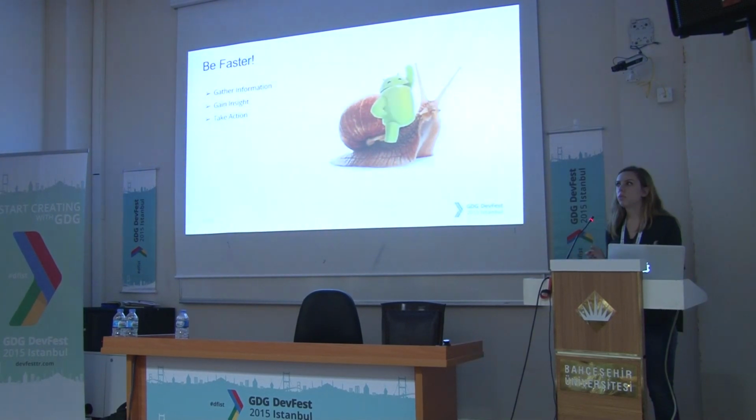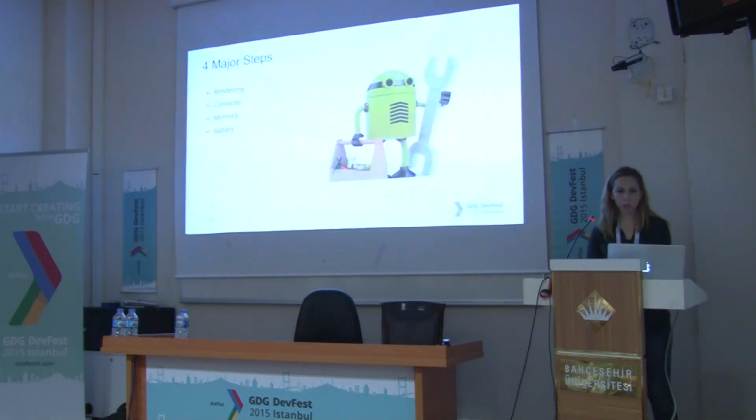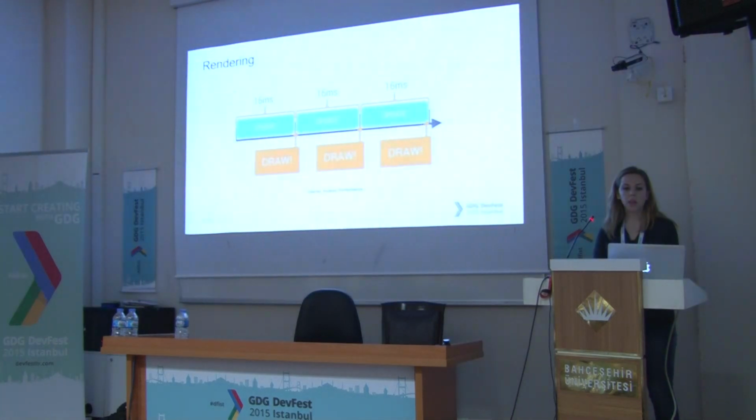So what should we do? Actually, if we know how the system works first, we can know the right things to code. I divided the steps into 4 major pipelines. I start with rendering, then compute, memory, and finally battery.